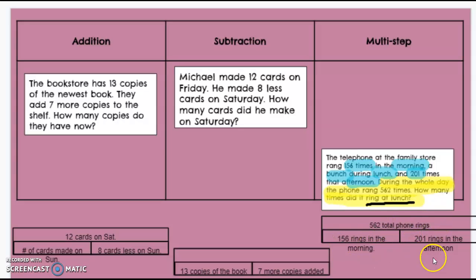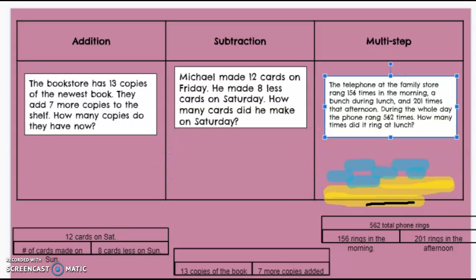This strip diagram does not work this way. This is going to be a multi-step problem because I'm going to have to figure out multiple things. I have to figure out something before I can figure out how many times it rang at lunch. And in this case, you would have to figure out how many times it rang in the morning and how many times it rang in the afternoon. You'd have to add those up and then subtract from your total.